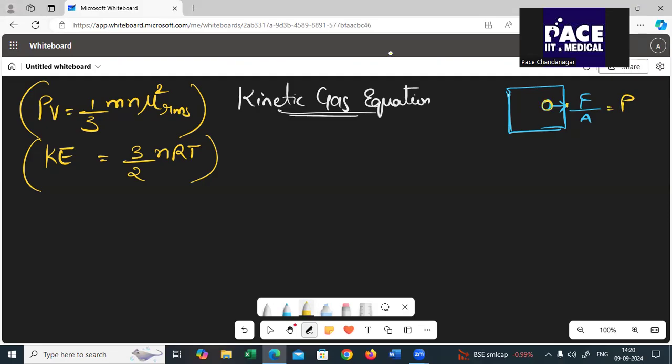And this molecule is moving with some velocity u, right? If I say each molecule is in random motion, you have ux, uy, and uz components for that.